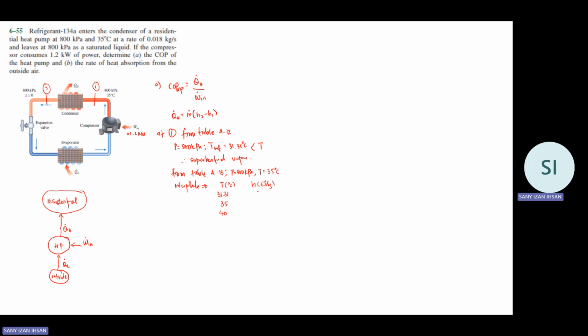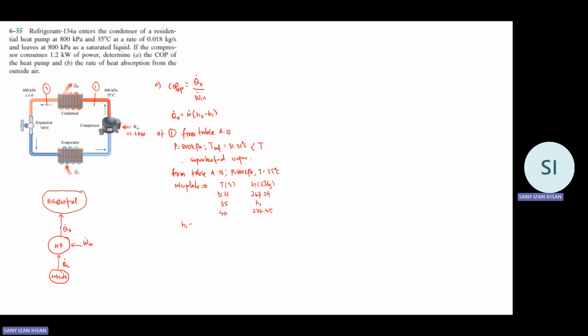For 31.31, the H value is 267.29. And of course, we do not know this. Let's call that H, the first state, so H1, the one that we want to find out. And for 40, we know that it is 276.45.